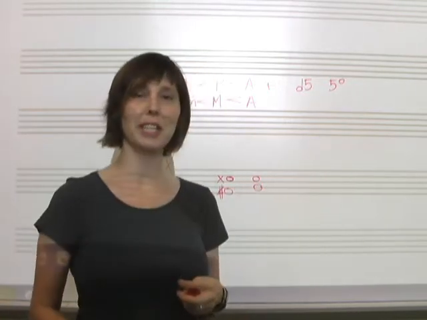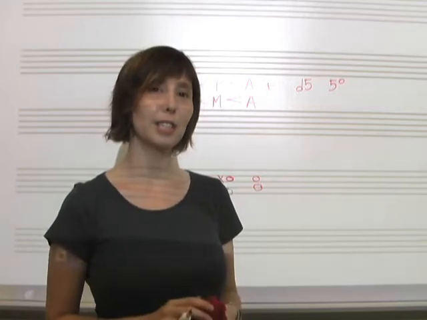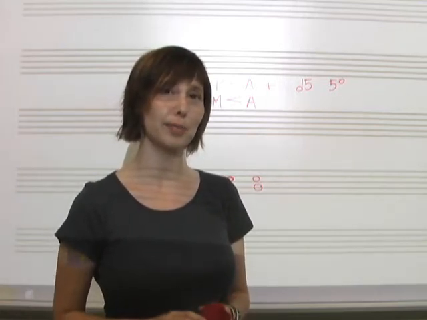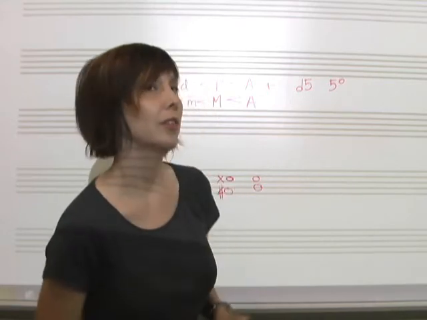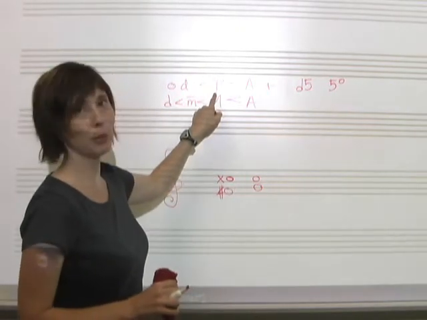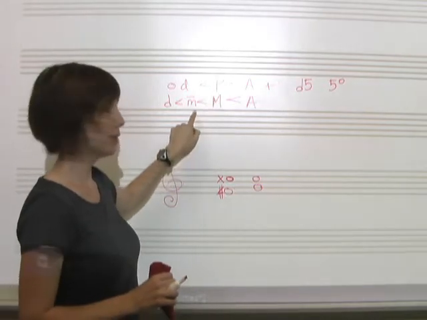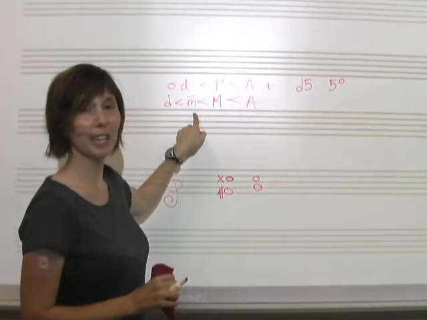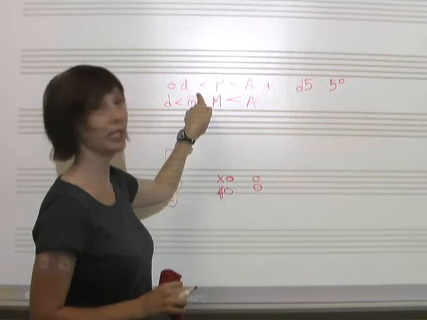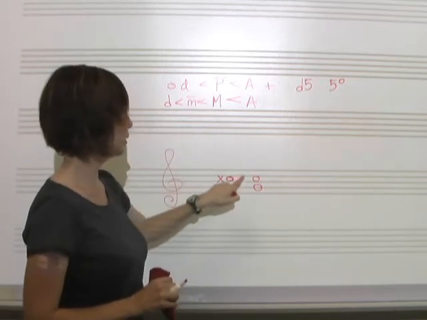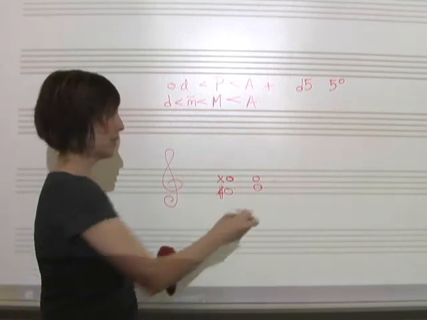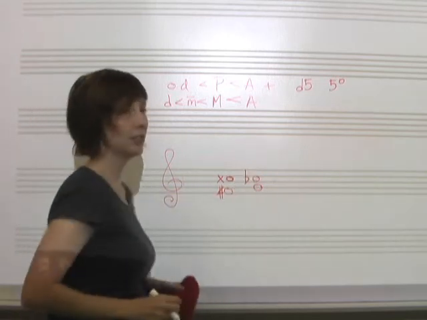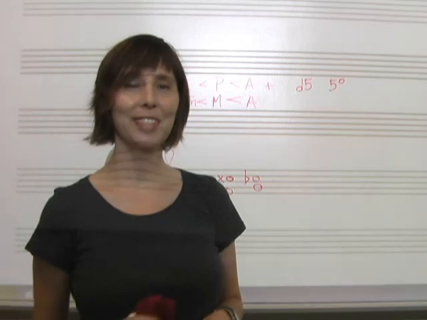So to make it diminished, how many half steps smaller does it have to become? 1. Remember, when you have a perfect interval, you don't go through the intermediate stage of being minor before you become diminished. Because this was a perfect fourth, we go straight to diminished. So this becomes a C flat. Very good.